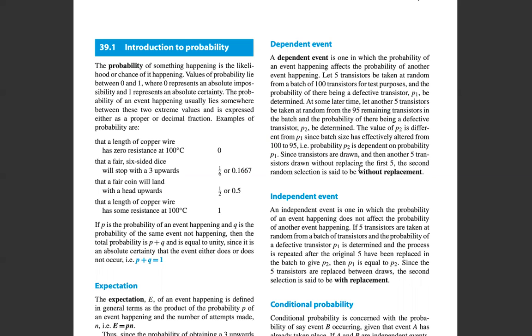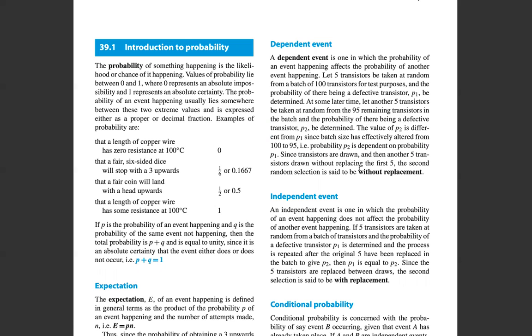Independent means they don't really affect each other, right? So it doesn't matter what happens in one event, the probabilities of the other event are unchanged. The example used here is if you're drawing balls from a bag and you cannot see the balls, right? You have green balls or red balls or whatever in a bag and you're picking balls.